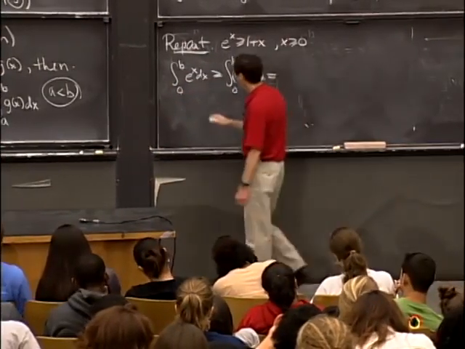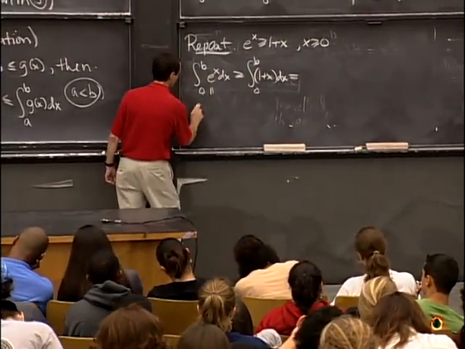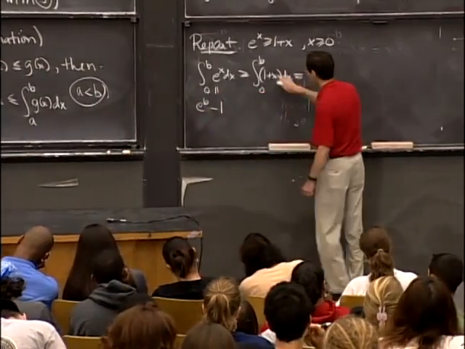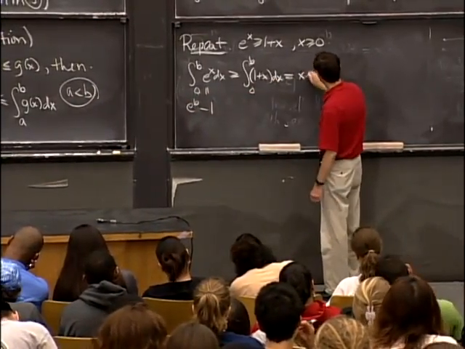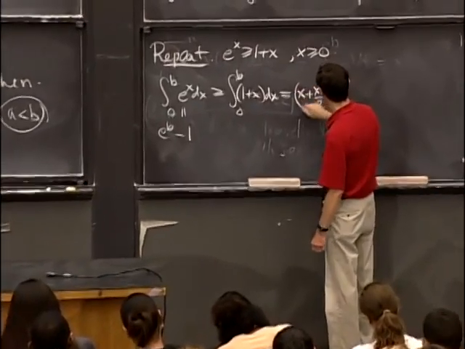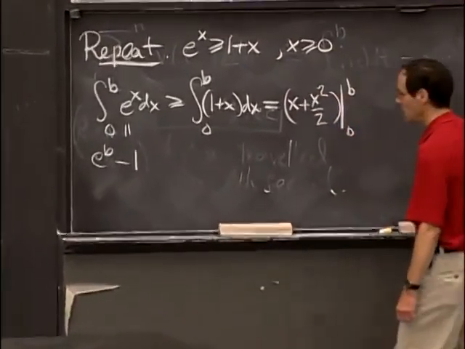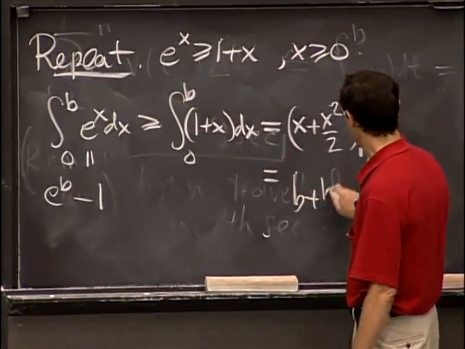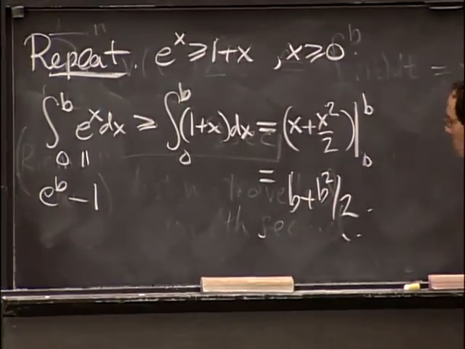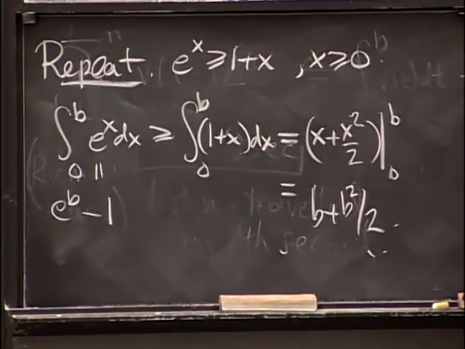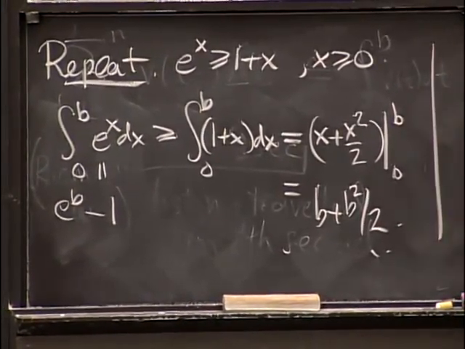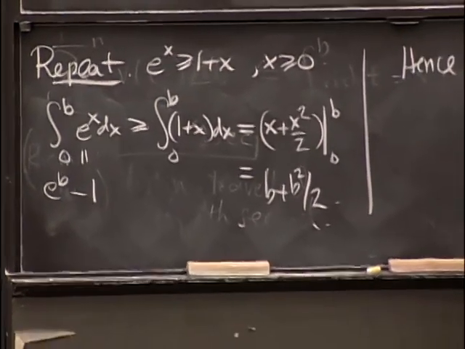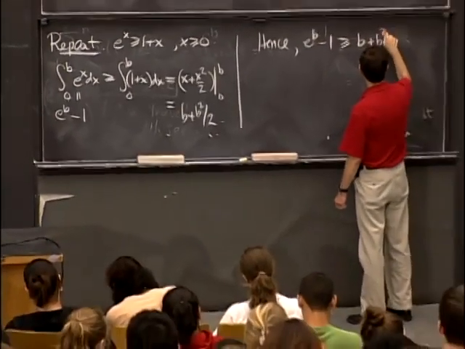And I remind you that we've already calculated this one. This is e to the b minus 1. And the other one is not hard to calculate. The antiderivative is x plus x squared over 2. We're evaluating that at 0 and b. So that comes out to be b plus b squared over 2. And so our conclusion is that the left side, which is e to the b minus 1, is greater than or equal to b plus b squared over 2.